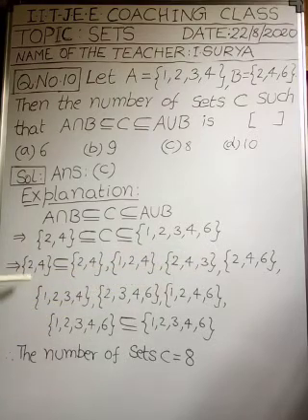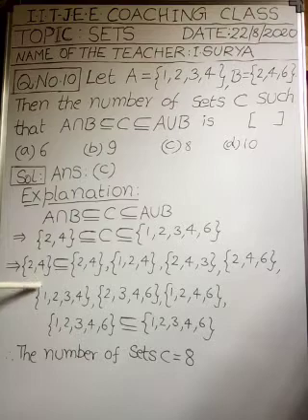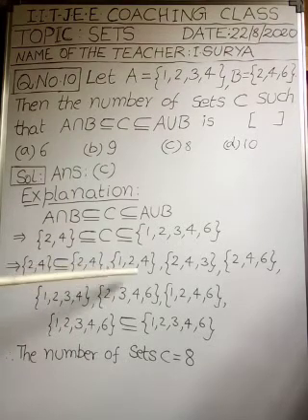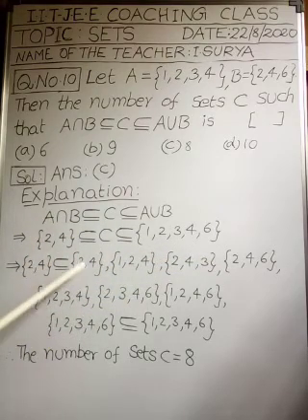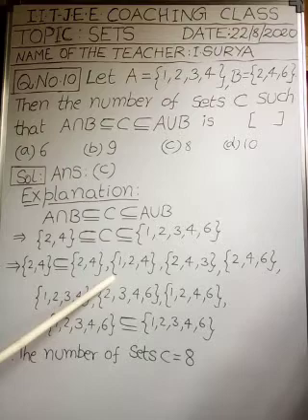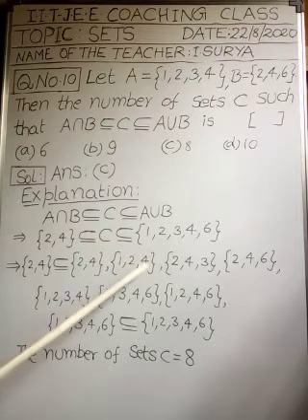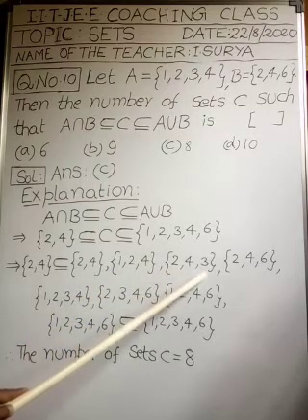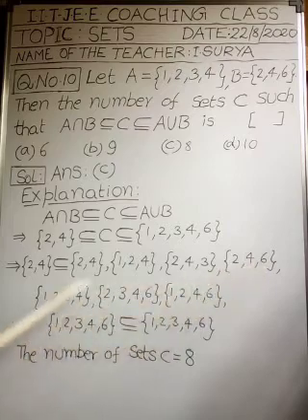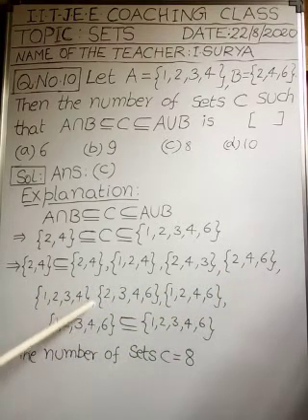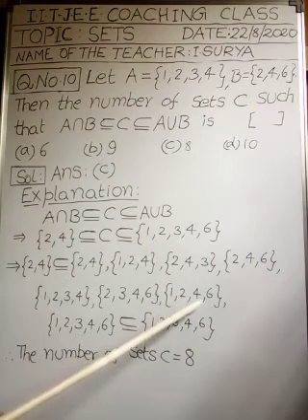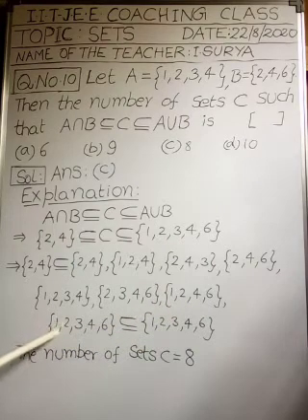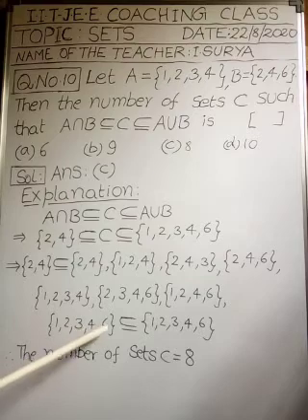Right. This implies the set 2 comma 4 is a subset of or equal to C. If you observe all these sets, 2 comma 4 is common: set 2 4, set 1 2 4, set 2 4 3, set 2 4 6, set 1 2 3 4, set 2 3 4 6, set 1 2 4 6, and set 1 2 3 4 6.